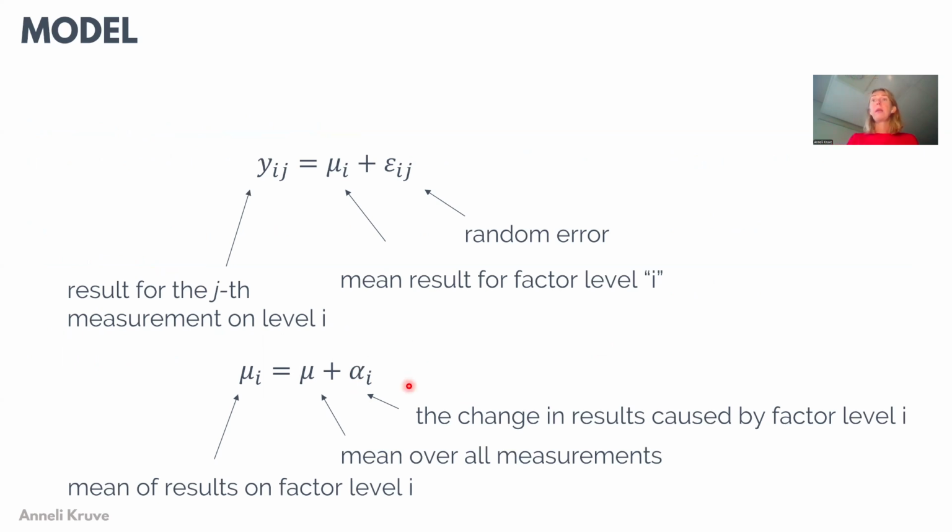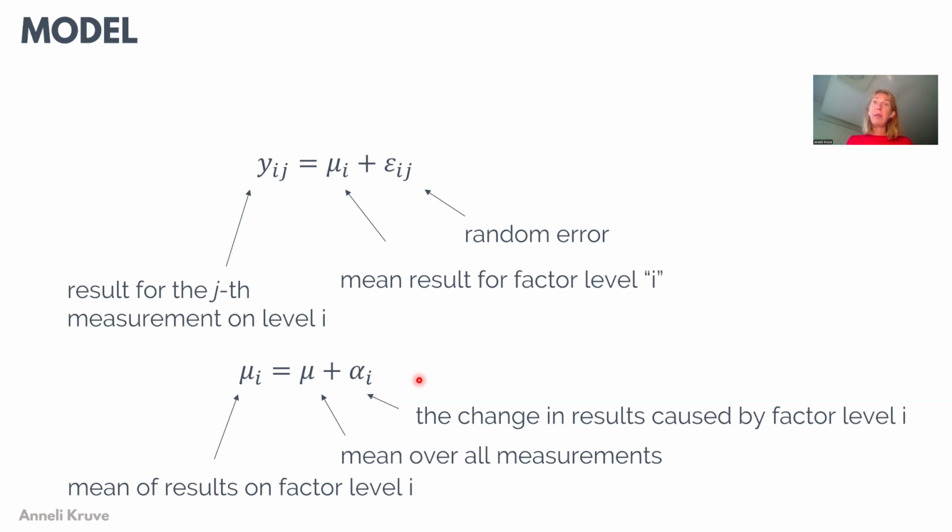So we can think of it like this: if we would be just doing the measurements in all those 4 pHs, then the total mean, if we don't consider the pH at all, would here be this mu. But in each pH, there is a specific impact on the extraction arising from the pH, which is a systematic effect, not a random effect. And this is explainable then by this alpha over here.